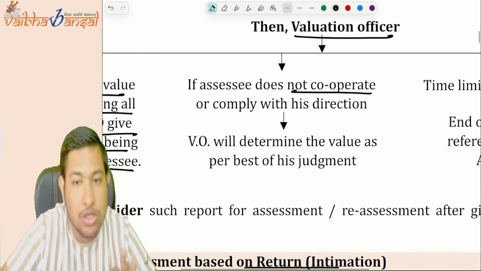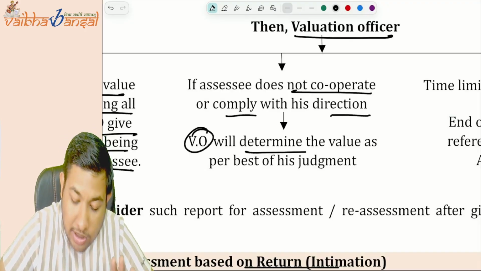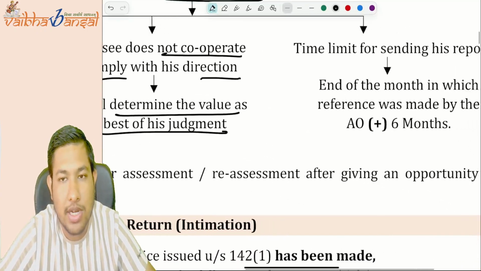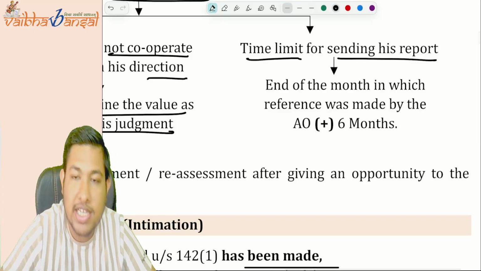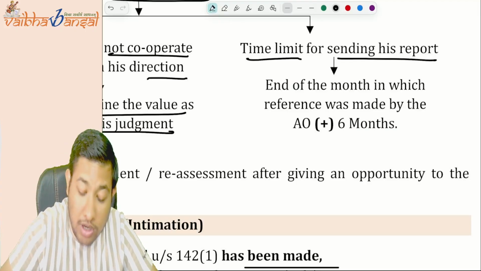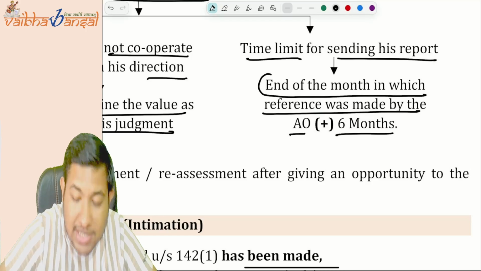If the assessee does not cooperate or comply with the direction, the valuation officer will determine the value as per his best judgment. And the time limit for sending his report: the valuation officer needs to send the report to the assessing officer by the end of the month in which the reference was made by the AO plus 6 months.